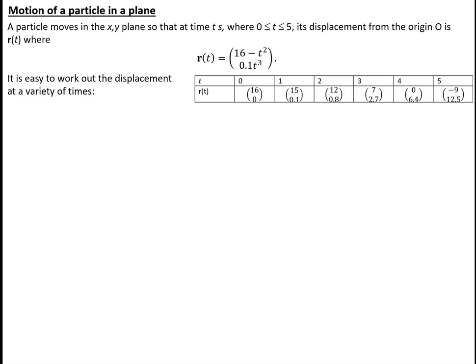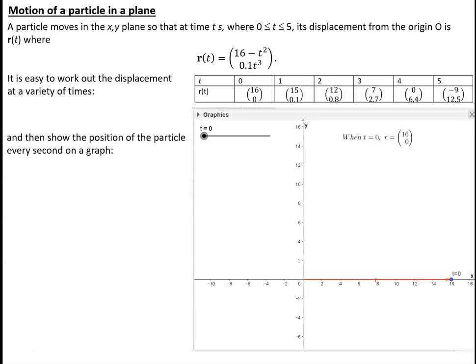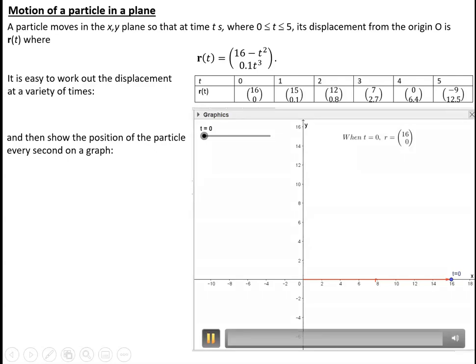And having worked out our table of values, we can then show the position of the particle every second on a path so that we can get an idea of the path of the particle. And I've done this using GeoGebra just to give it some dynamics.